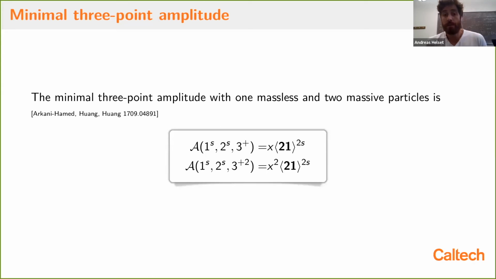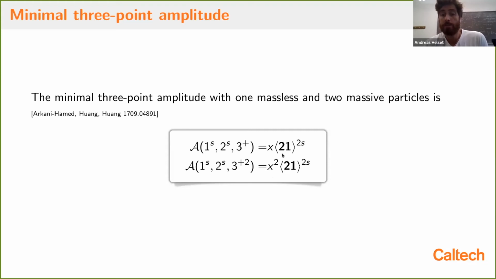So using these spinors, Arkani-Hamed and Huang wrote down various amplitudes at three points for two massive and one massless particle, where a very simple amplitude just contains this one monomial here. So you have a particle of spin s, which could be a higher spin particle, coupled to either photons or gravitons.